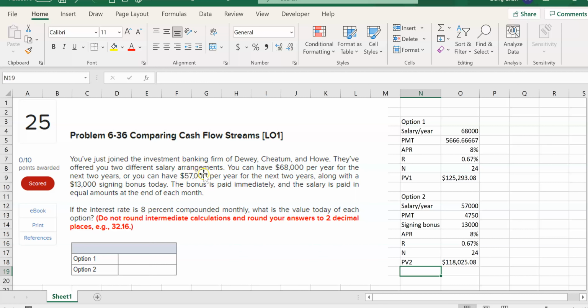The loss of the annual salary is more than the gain from the signing bonus. Of course, the loss and gain here should both be quoted in present value terms.